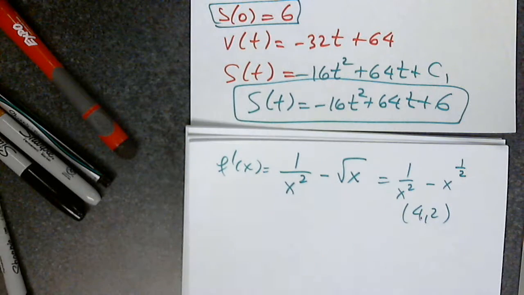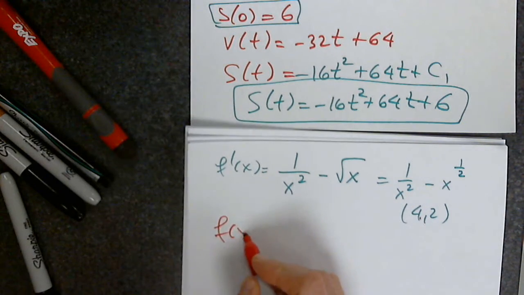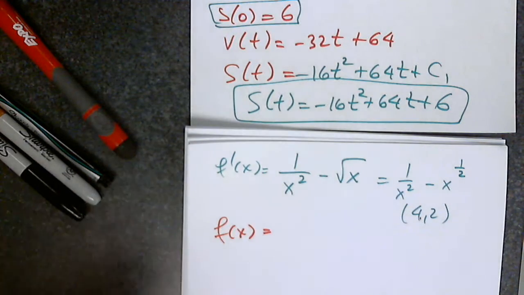Any suggestions on how to address this? Find the antiderivative, very good. And I have to use the notation f of x. I need to find a function whose derivative is 1 over x squared. And that's one of the reasons why I tortured you a long time ago with this formula.